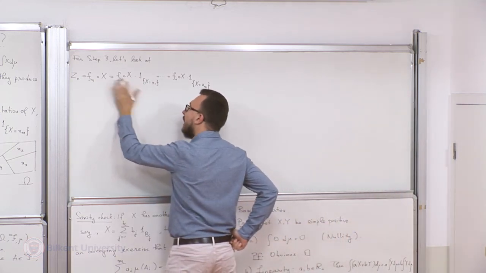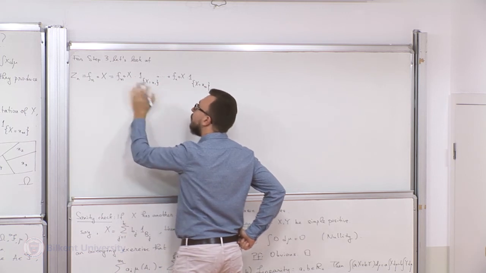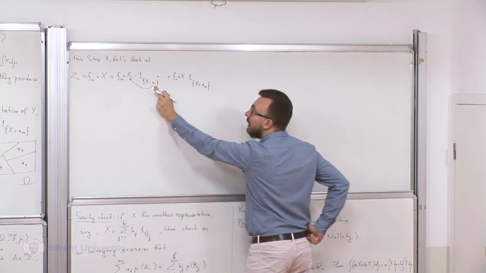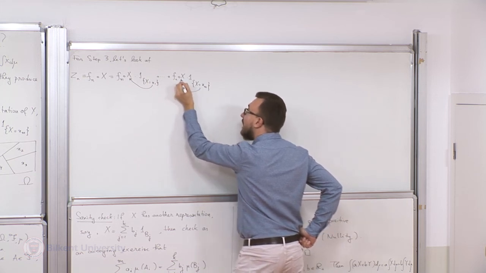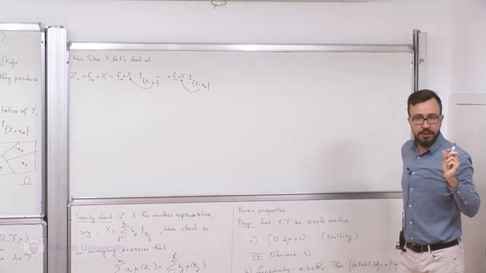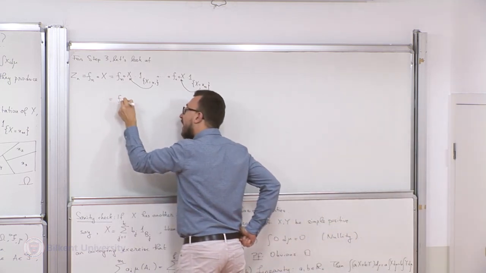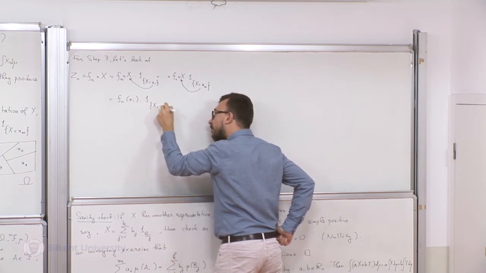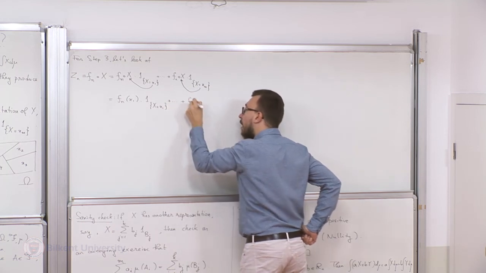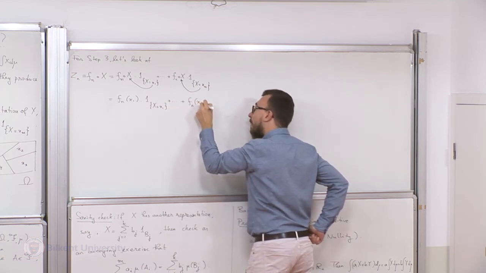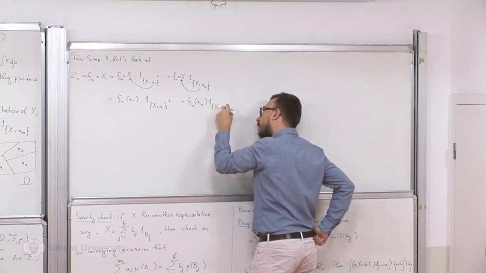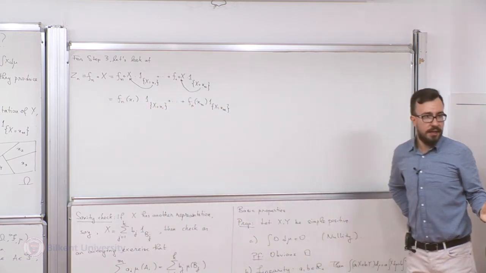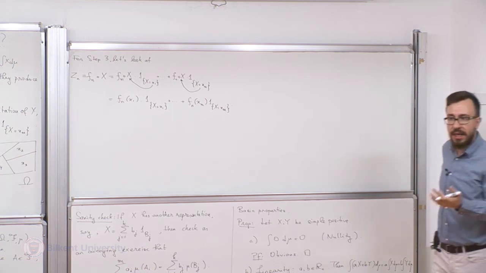Therefore, since it's an omega-wise equation, for a fixed omega, here's what we can do. Use the fact that x is in fact equal to little x1 in this region. And use the fact that x is in fact equal to little xm in this region. So I can write it as fn now applied to just this deterministic value, but I preserve my indicators, don't forget them. And fn applied to xm. Now, this is one representation of Zn. Zn is a simple function, and that's one representation of it.